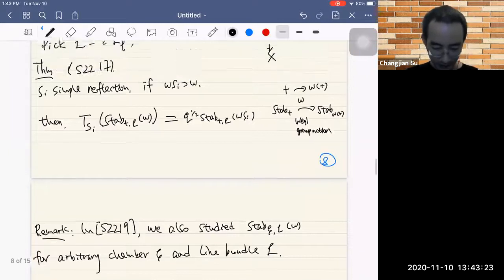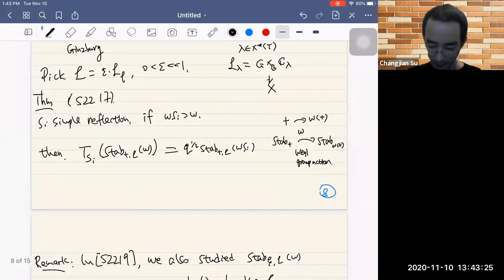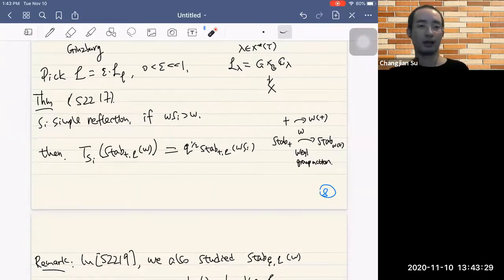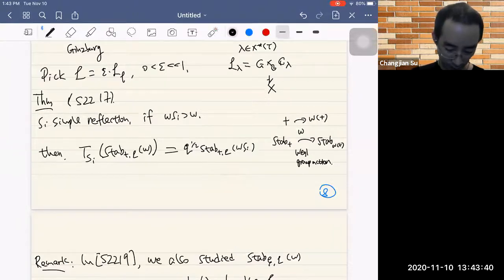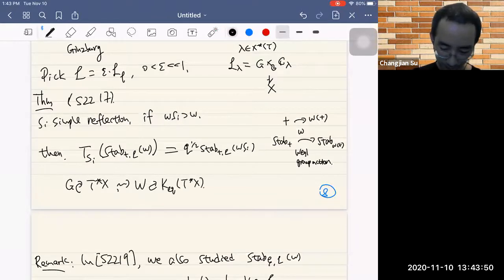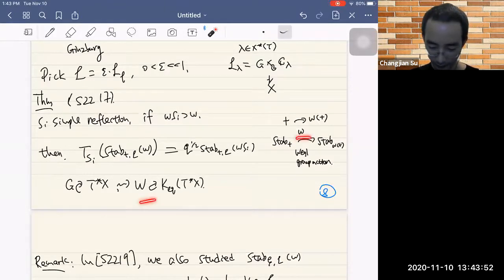What does this mean? What is this Weyl group action? Because everything lies in the K-theory class on the cotangent bundle of the flag variety, and on the cotangent bundle of the flag variety we have a G action, and this will induce a Weyl group action on the equivariant K-theory ring. So this is the Weyl group action.